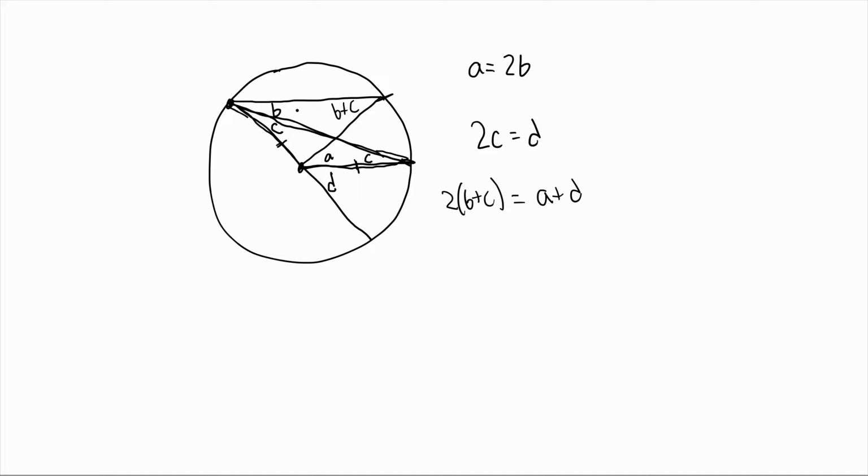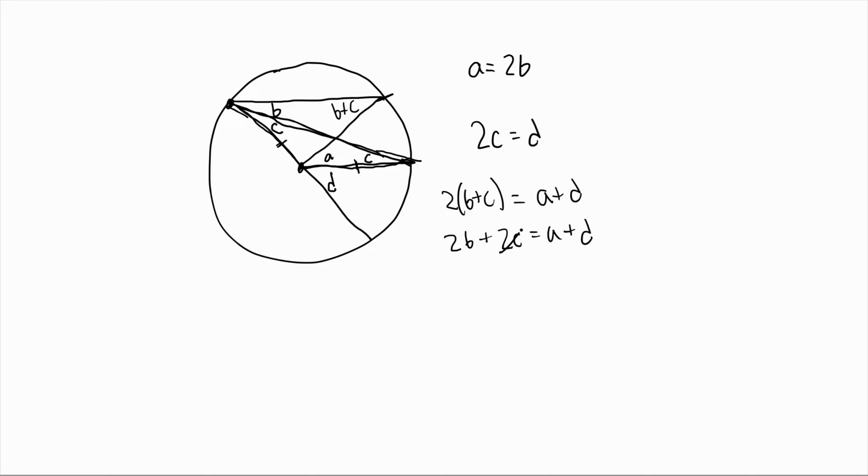Now, we were interested in particular in this arc and its central angle and B. We're interested in the relationship between A and B. If I distribute the 2 out, I get 2B plus 2C is equal to A plus D. Notice that 2C is equal to D. They're actually the same thing.